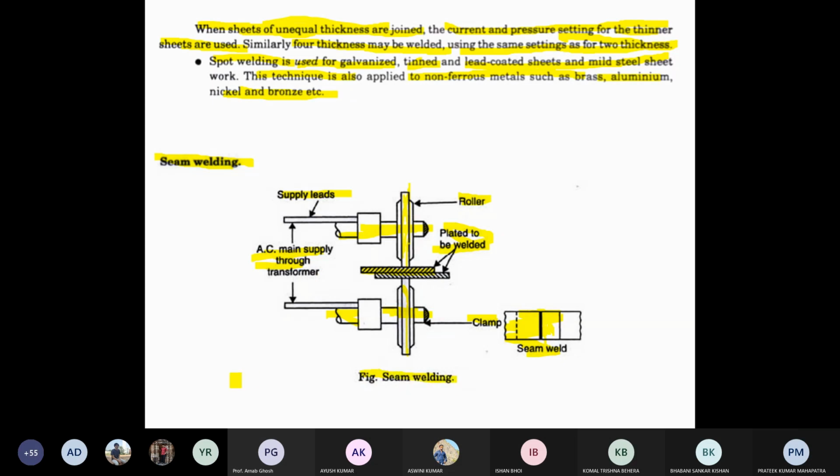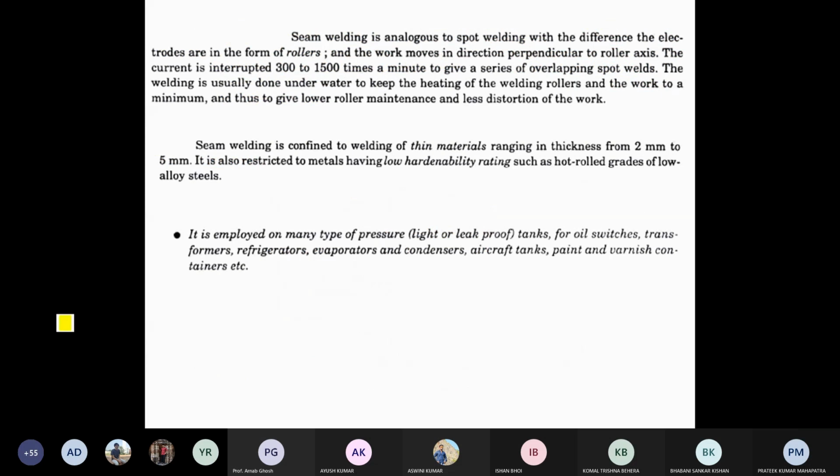Now what are the features of seam welding? Many important points. Seam welding is analogous to spot welding, it looks similar, with the difference that the electrodes are in the form of rollers. In spot welding it was tiny in nature, a very focused tip.